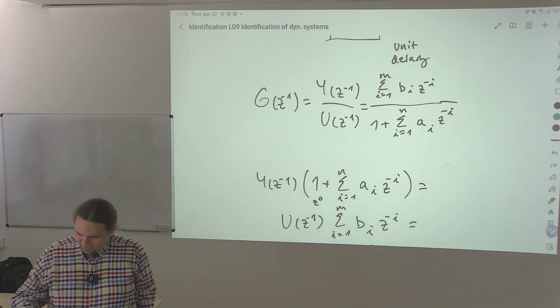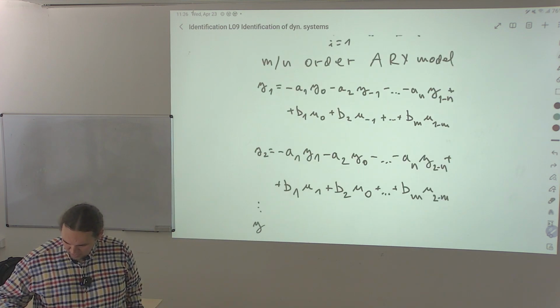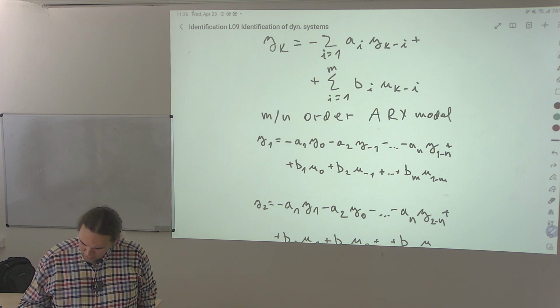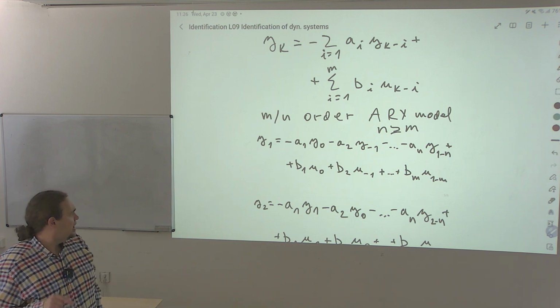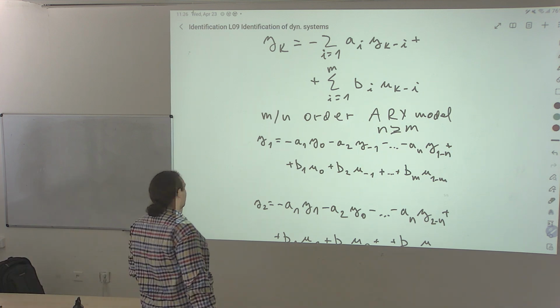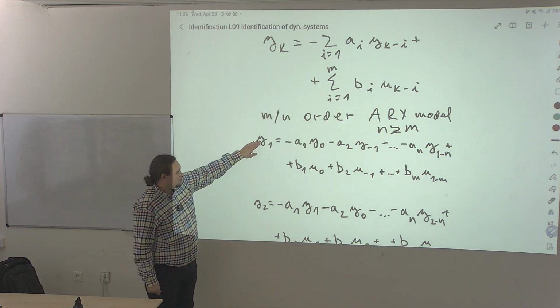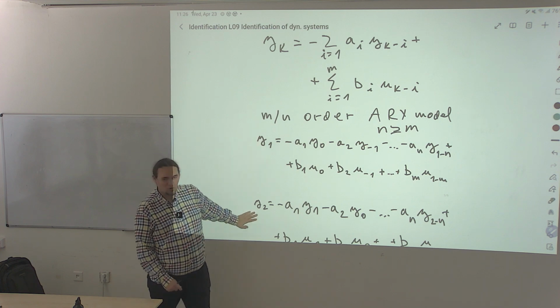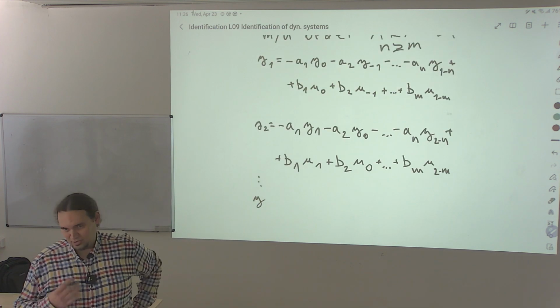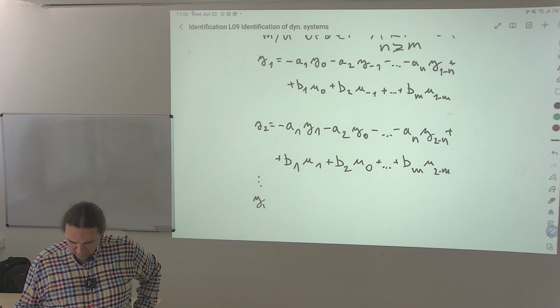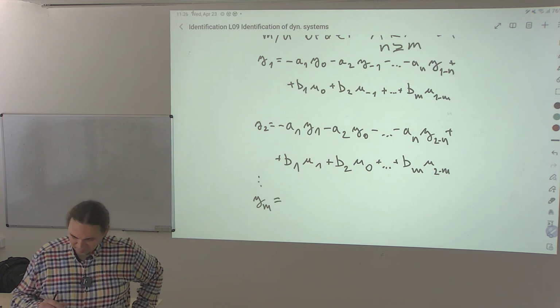So you typically tend to have n being greater or equal to m, which means if we are now going in the time order, so y1, y2, we will encounter m more likely on our way.